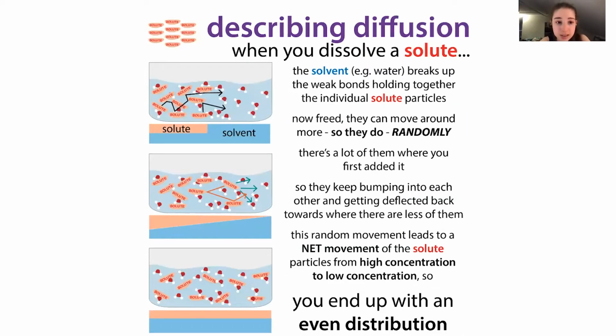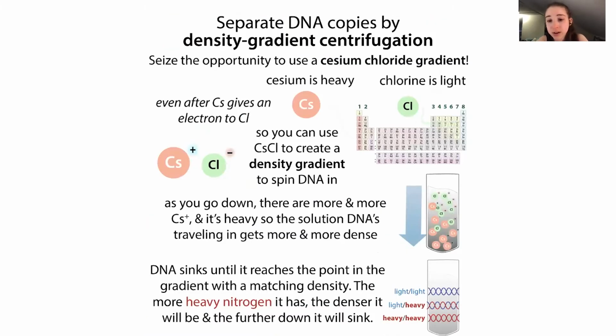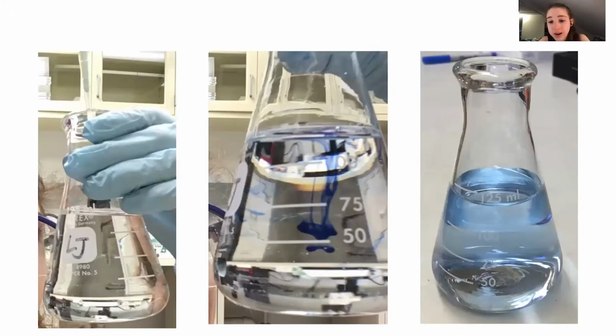So diffusion is basically the random movement of particles, and on net, it leads to particles moving from a place where they're more concentrated to a place where they're less concentrated. But basically, it's just molecules moving around randomly and trying to spread out, because nature likes entropy, so like randomness or disorder. So these molecules are moving all around.